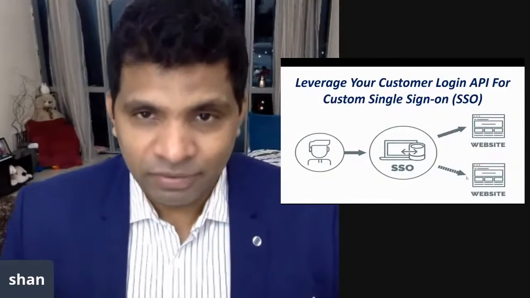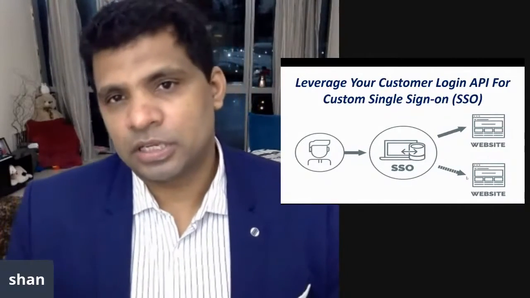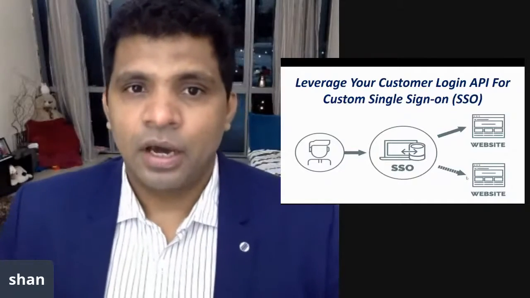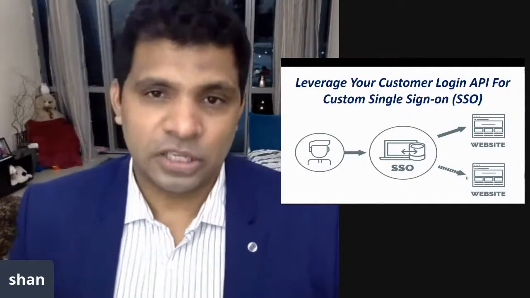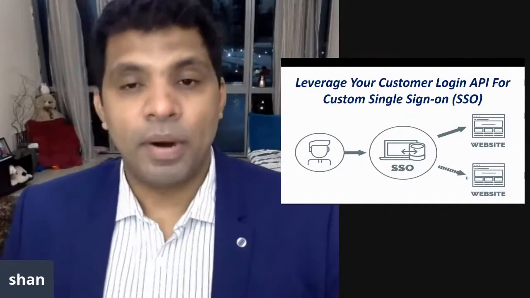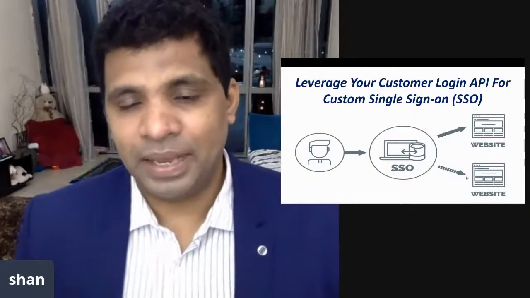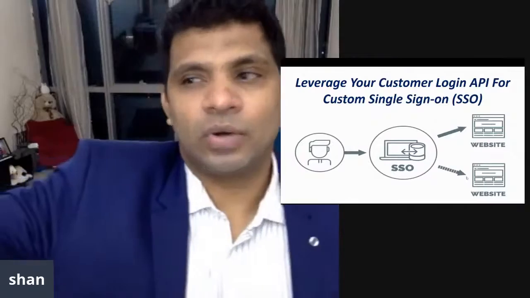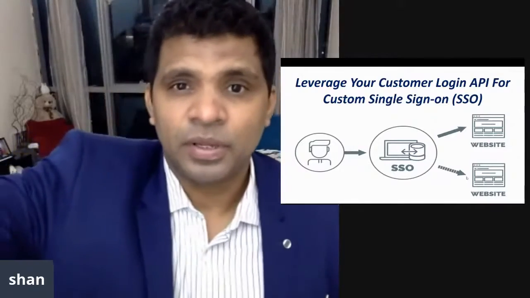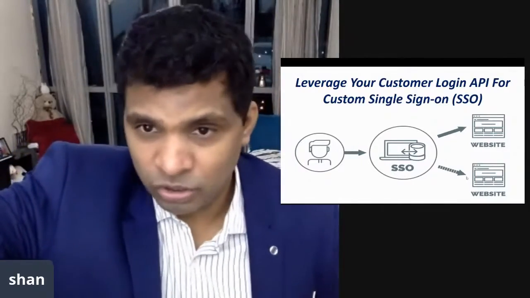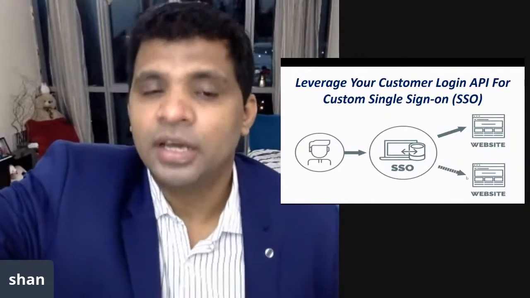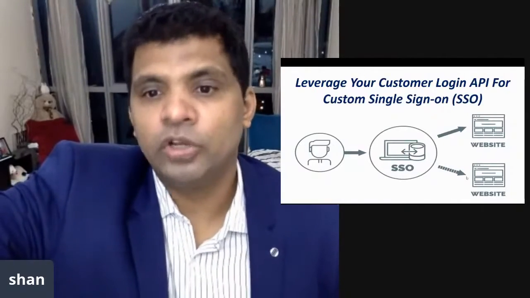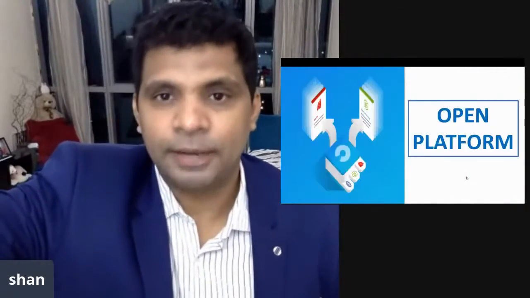And you can leverage customer logins through an API for single sign-on. SSO has become very, very common now. With a single sign-on with your Gmail or your Facebook, you log in, and with multiple websites you don't have to ask them to log in again and again. Like Gmail does: one time you log in, you get into another one easily. So you can use SSO for multiple websites, okay?